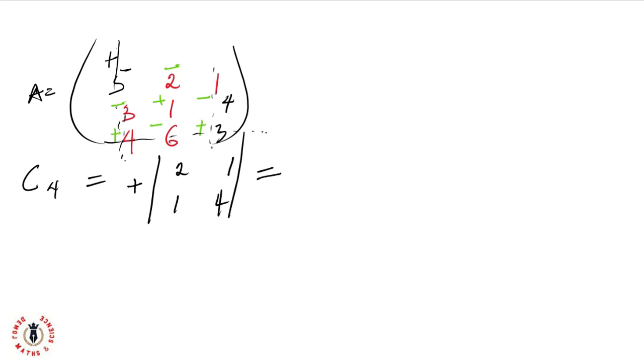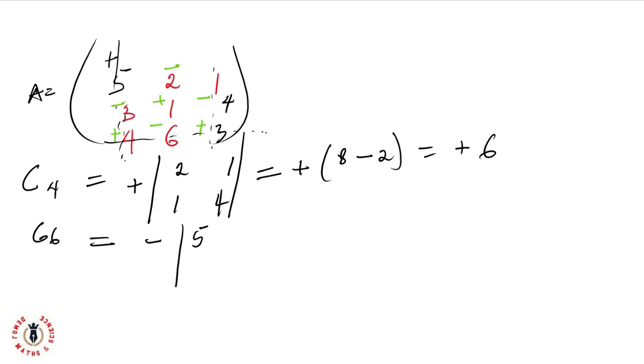So this will be the same thing as 2 times 4, that's plus 8 minus 2, which is equal to plus 6. And the next element is C of 6, which is equal to negative the determinant of 5, 1, 3, and 4.